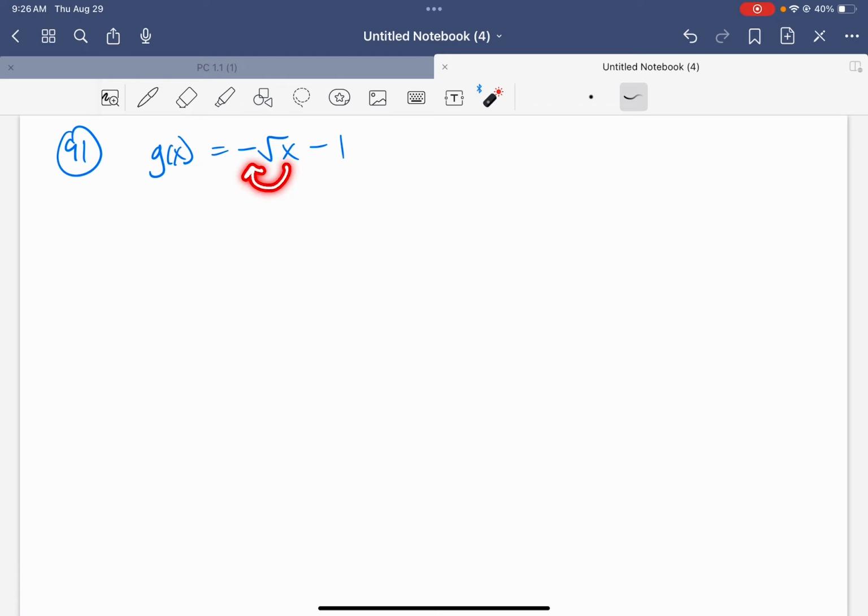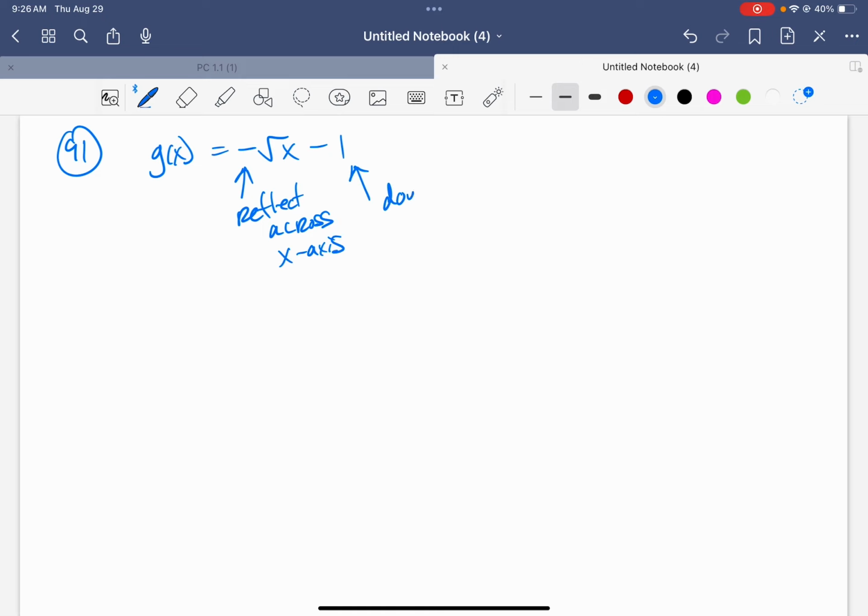So the first thing that happened as I walk away from x and work inside out, I get a negative of my original function, which is going to reflect across the x-axis. And then this is going to move me down. So my original function is this, which looks like that and has the points 0, 0, and 1, 1 on it.